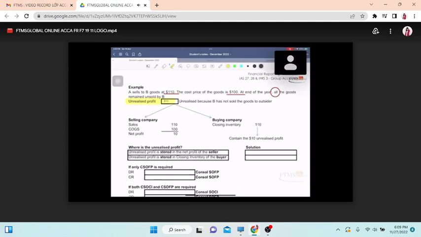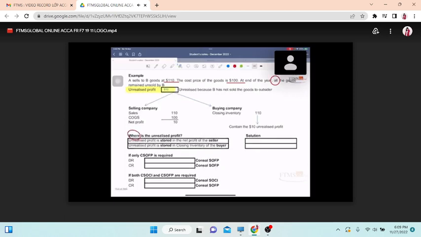One, this $10 is hiding in the net profit of the seller. So I put it here. You see, where is the unrealized profit? The first part of this unrealized profit is actually in the net profit of the seller.